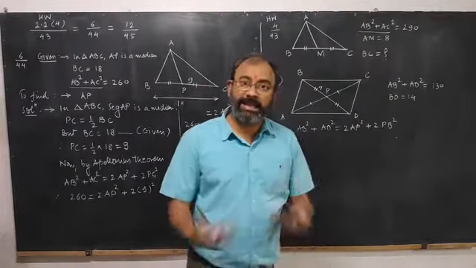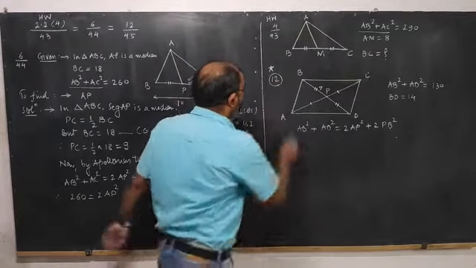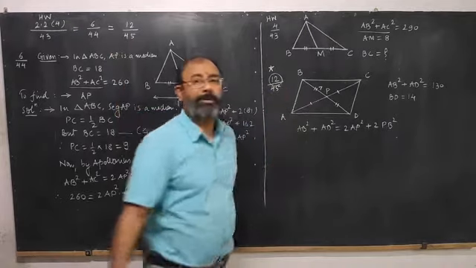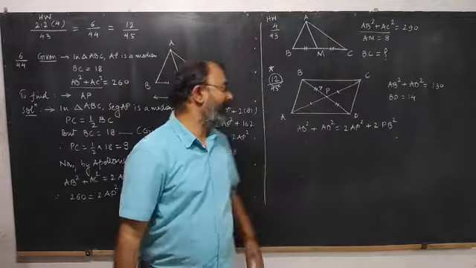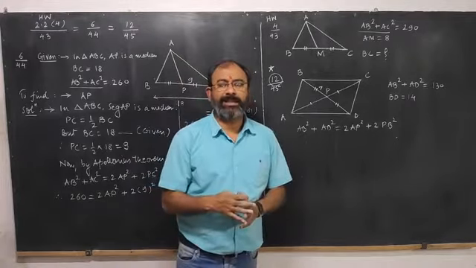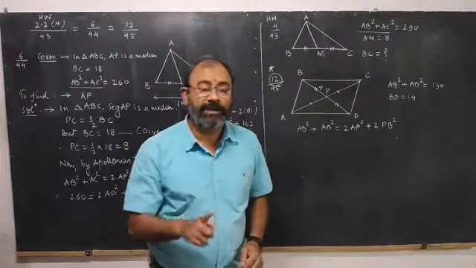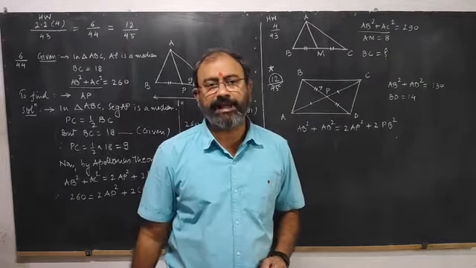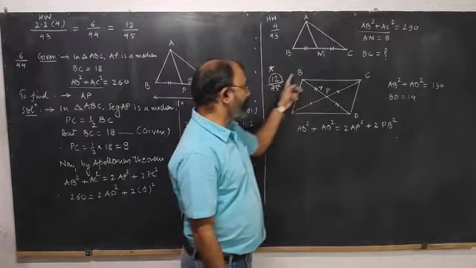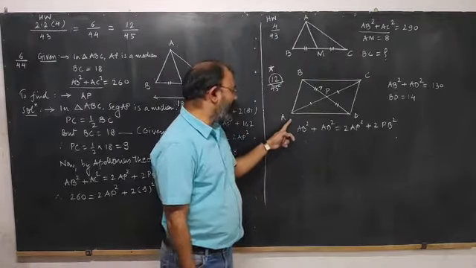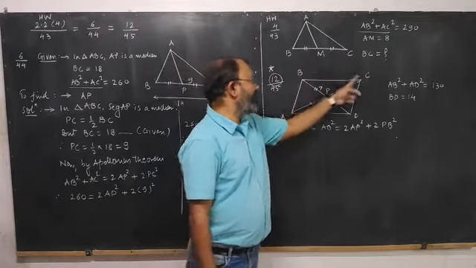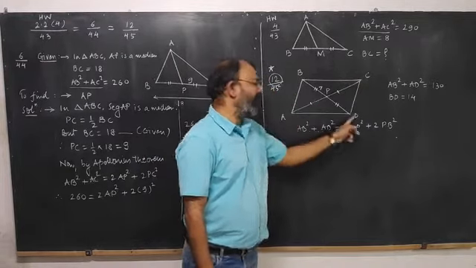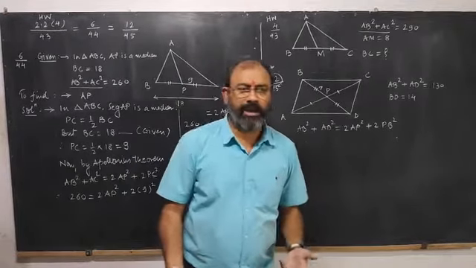Now, the next example is problem number 12 given on page number 45. In the problem it is given that the sum of the squares of adjacent sides of a parallelogram. So we have drawn a parallelogram ABCD. Adjacent sides, there are 4 pairs: AB, BC, CD, DA. You can take any pair.